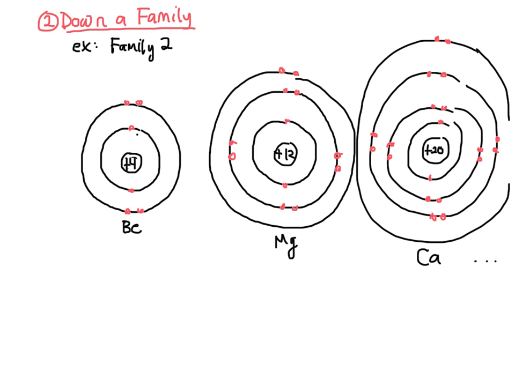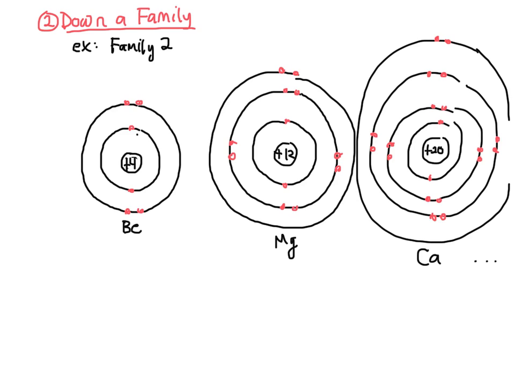As you go down a family, for example, family number 2, you have beryllium and then magnesium and calcium. What they have in common, you may remember, is that they all have 2 valence electrons. But that's not what gives them their atomic radius.